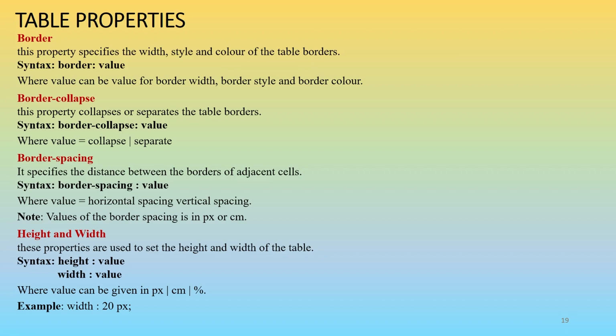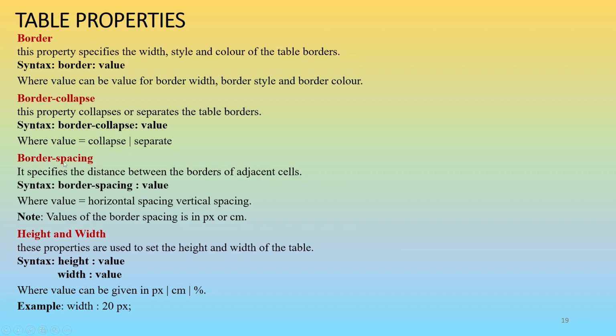If it is collapsed, then the two cells will join each other, otherwise they will be separated with some space. If I have the syntax of border-collapse, then the value could be collapse or separate. We can have only 2 values in place of this value, collapse and separate.